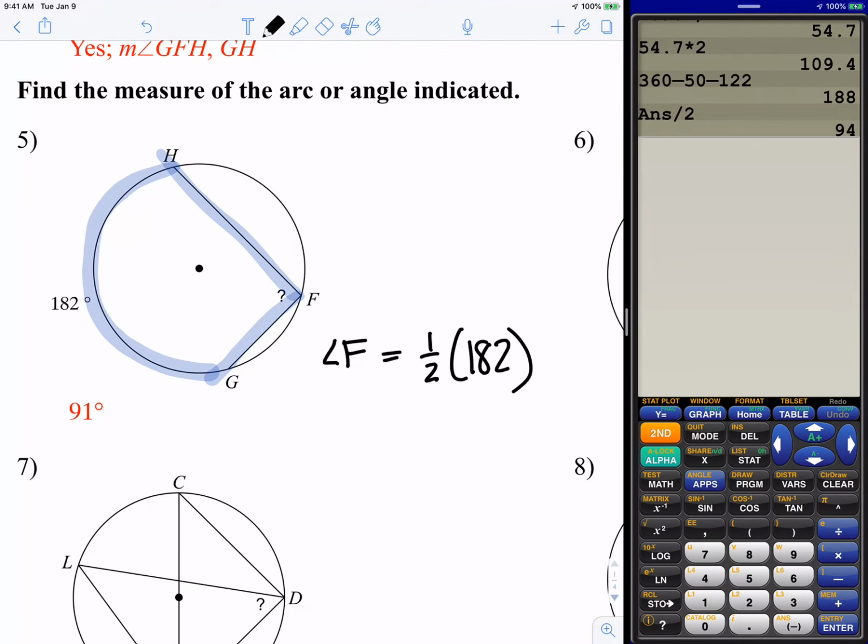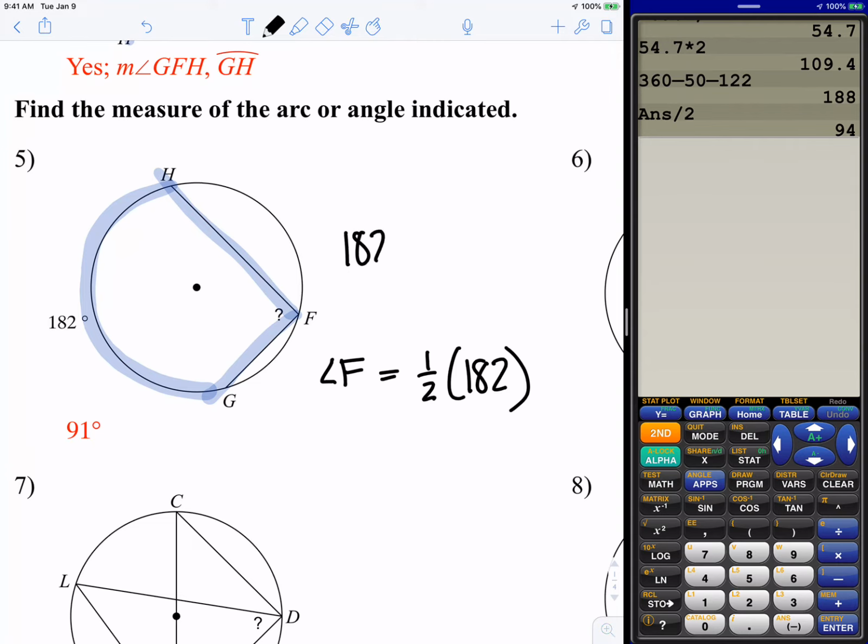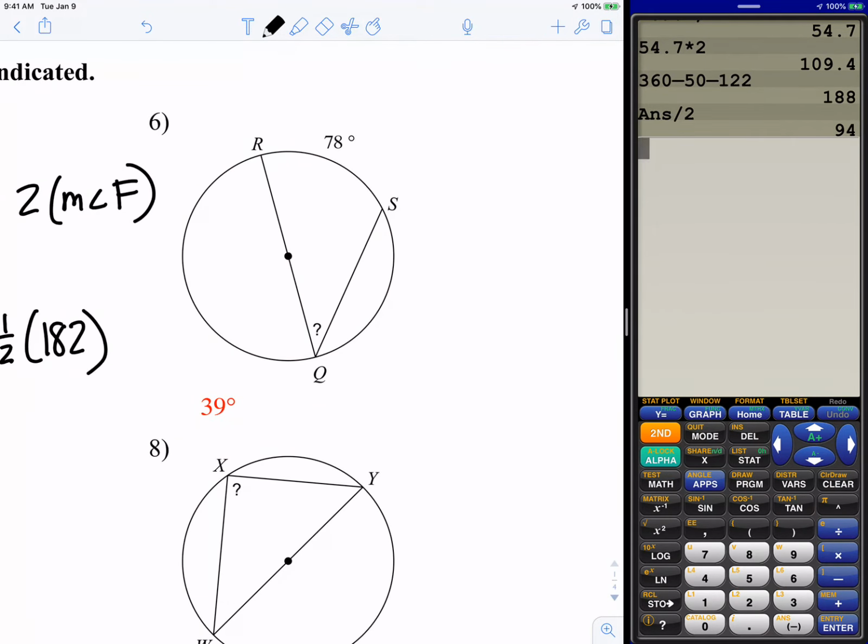I believe yesterday we were writing it, the arc is equal to 2 times the angle, so you would divide by 2 to get 91. All right, number 6, looking for this angle, there's its intercepted arc, and the arc is equal to 2 times the angle. So we divide by 2 and get 39.